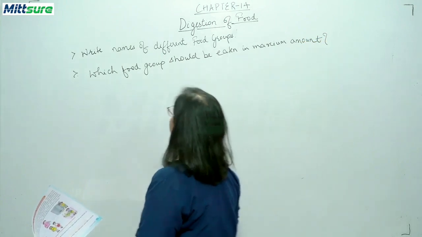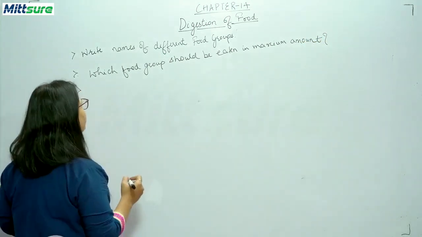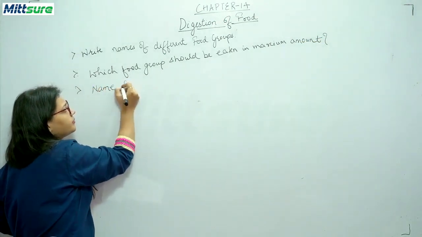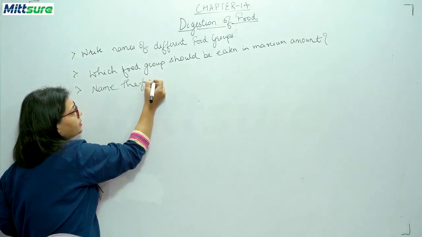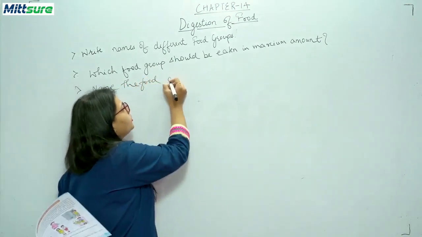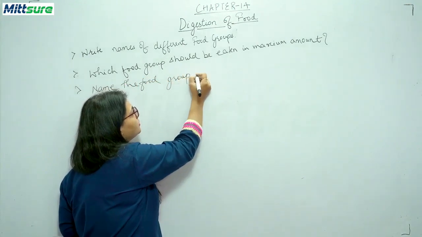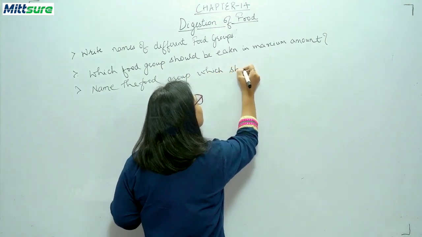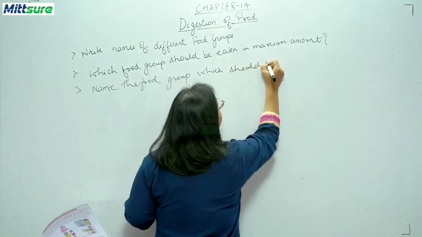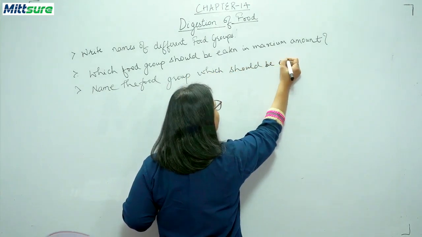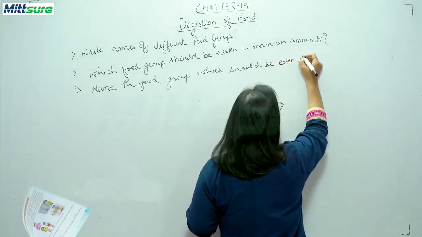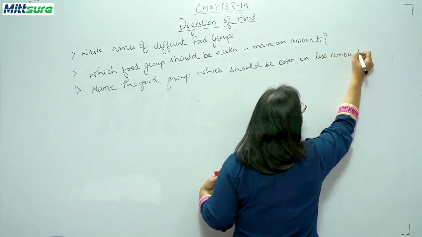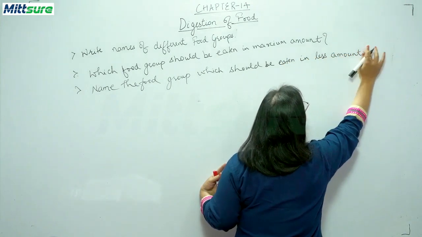Next is, name the food group which should be eaten in less amount.